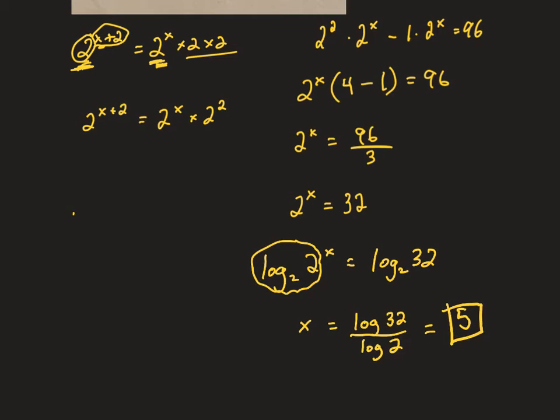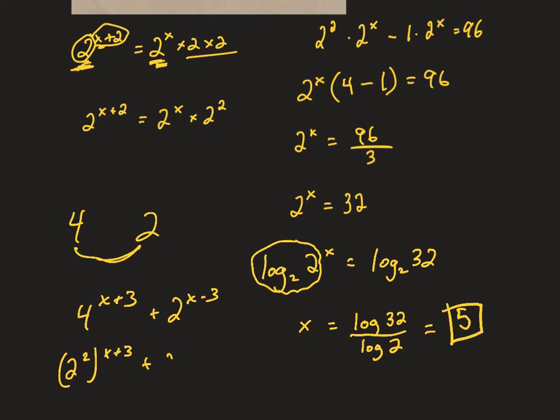All right, like I said, one of the keys to look for is when you have the same base, or maybe you're going to have one with a base of 4 and the other with a base of 2, and you should recognize that 4 is just 2 squared. So a lot of times they'll try to trick you. They'll have a 4 to the x plus 3 and maybe a plus 2 to the x minus 3. And then you could just say, well, this is the same as 2 squared, which is 4, to the x plus 3 plus 2 to the x minus 3.